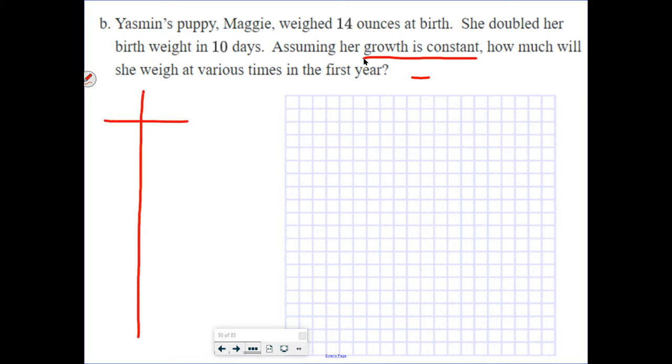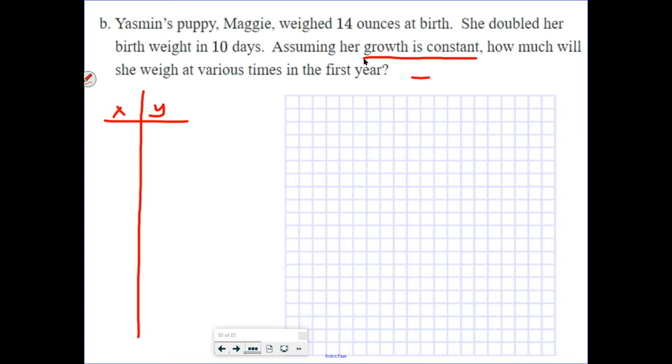So, table again, X and Y values. Now, X, what is X talking about? Is it talking about the ounces or the weight of the dog, or is it talking about the days? Again, X is your independent variable. So that means the other one depends on it. The Y is a dependent variable.